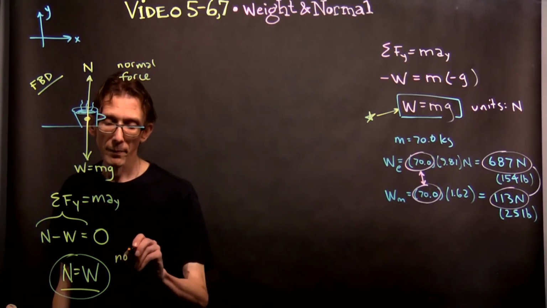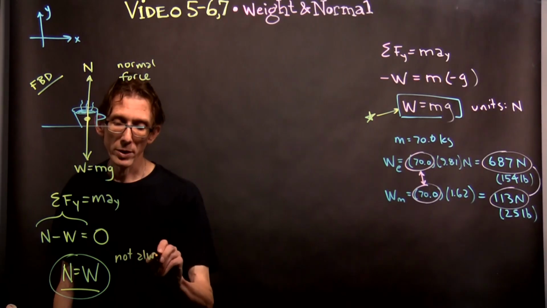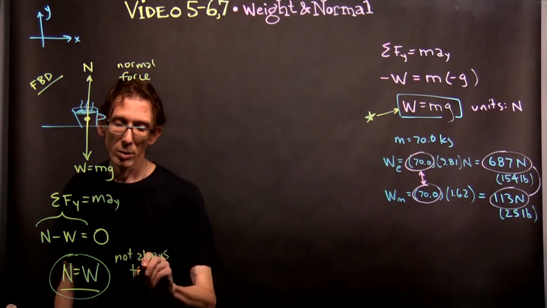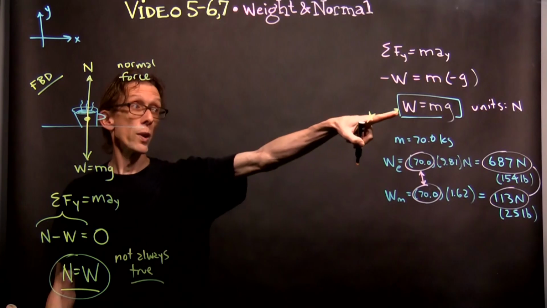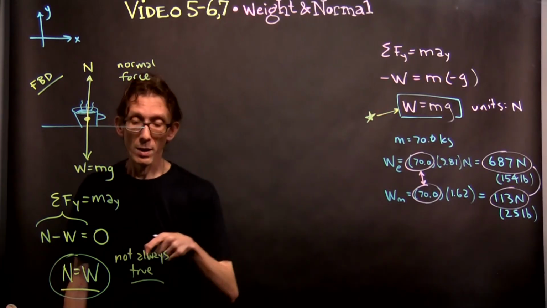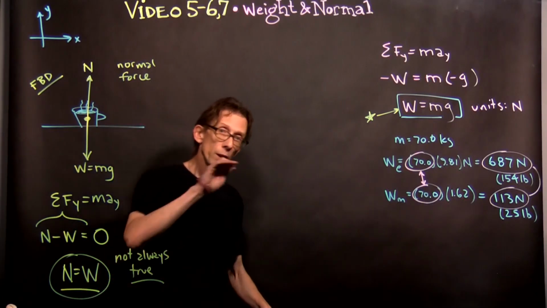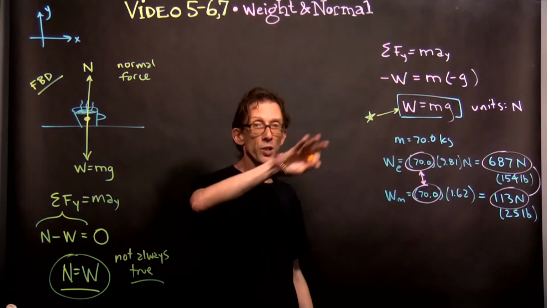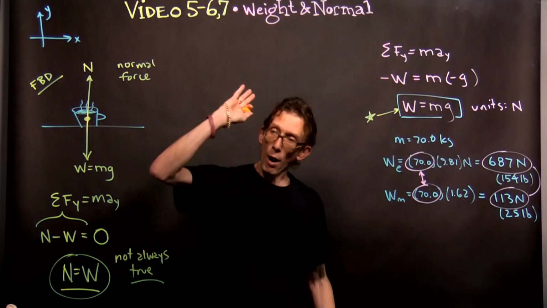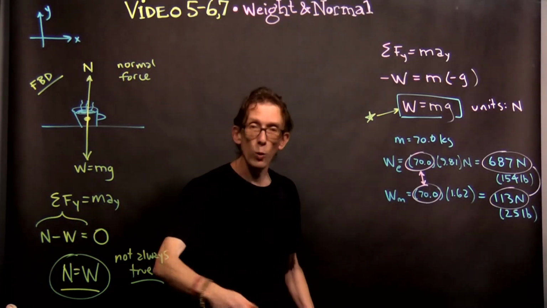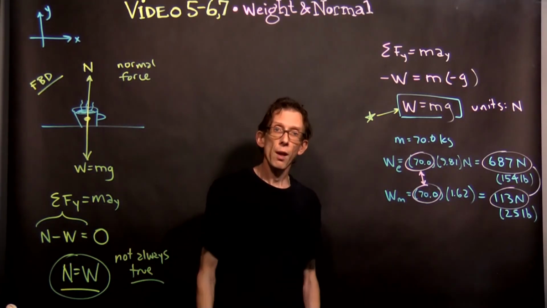So this is not always true. That's always true: the weight's always mg. This happens to be the case for this coffee cup, but not always. Coming up, 3 different videos, 3 different examples of situations where the normal force and the weight are not equal.